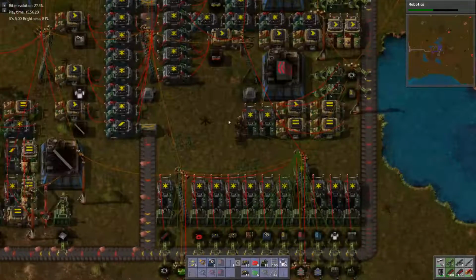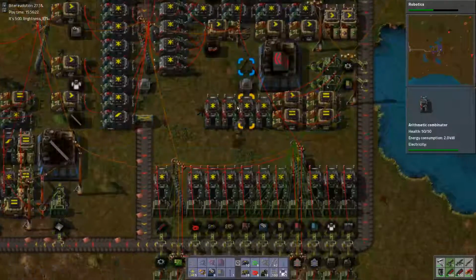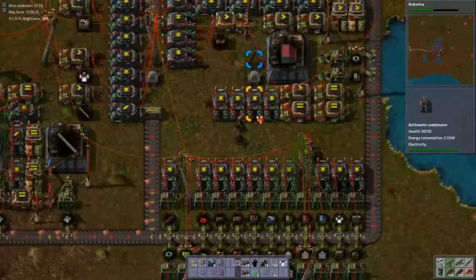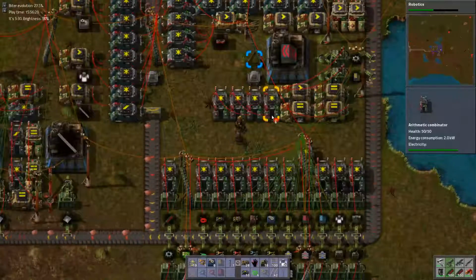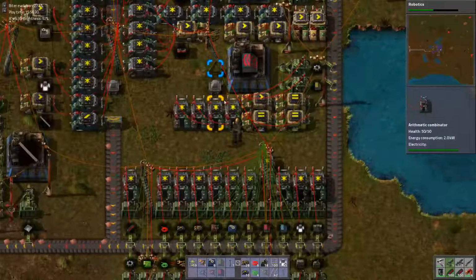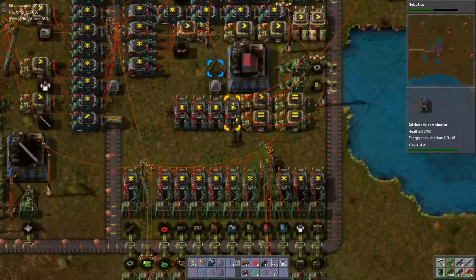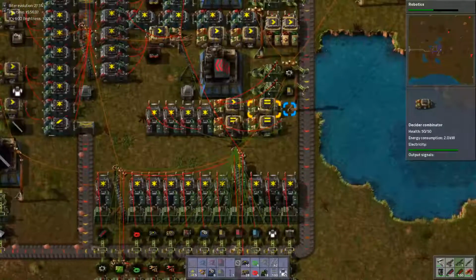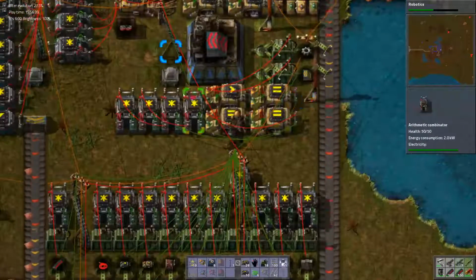Alright, now we have to do the two that actually do the maths. So your output is going to go to this input, your output is going to go to this input. The output from both of these gives the alpha condition for this. That's already connected through a green wire. Yes, so we're going to do red wires from here.